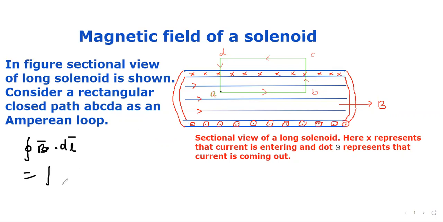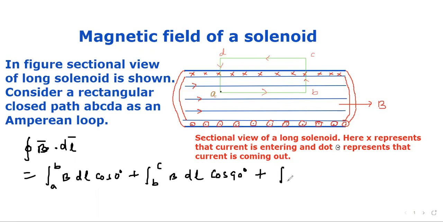So we write it from A to B, integral B dl cos theta, and the angle between the magnetic field and the direction the current is running is 0 degree, so cos 0 degree. Then B to C, here theta will be 90 degree, B dl cos 90 degree.